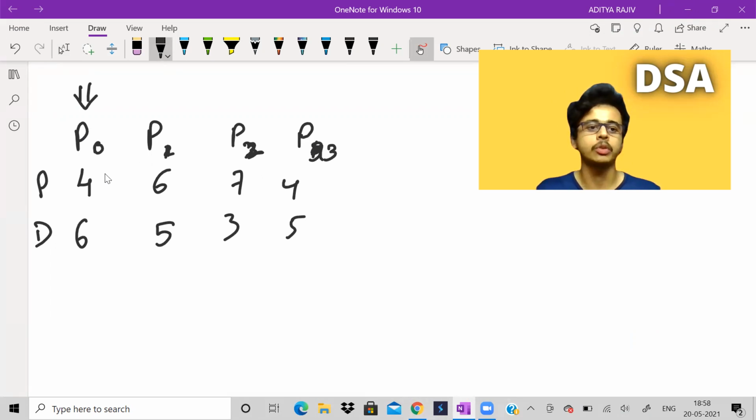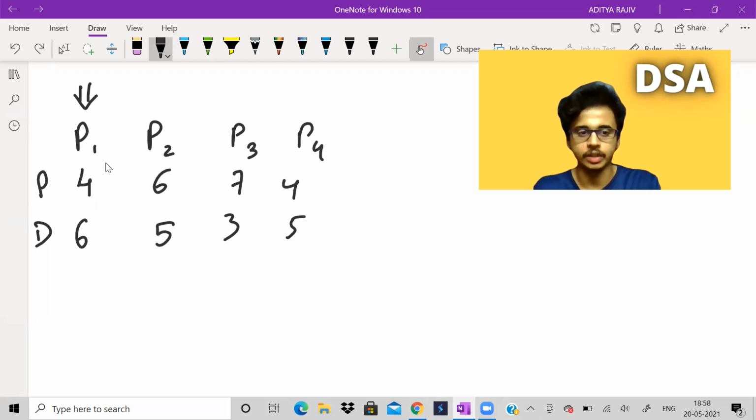If we start at the first petrol pump and want to go to the second, we need 4 units of petrol, but the distance is 6. That means the distance between first and second petrol pump is 6, but we have only 4 units of petrol. So we can't start from this point.